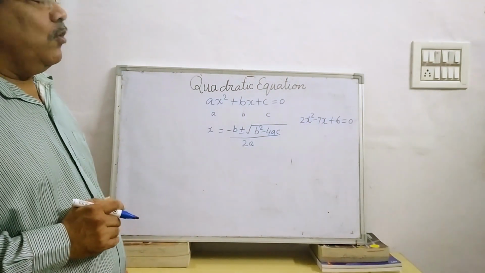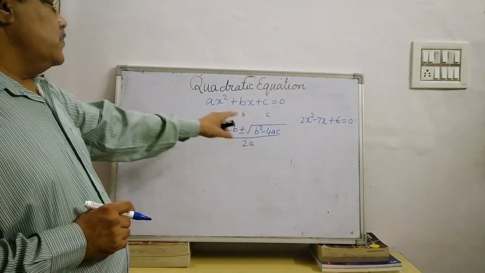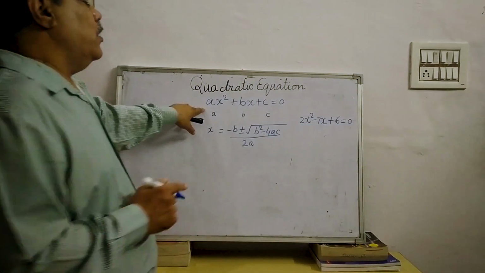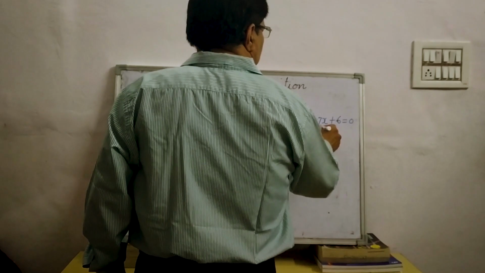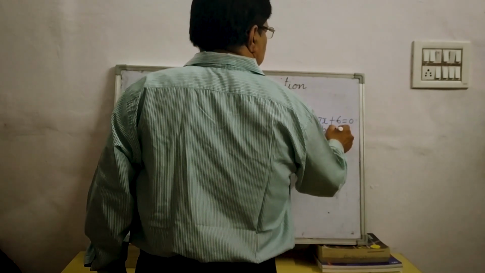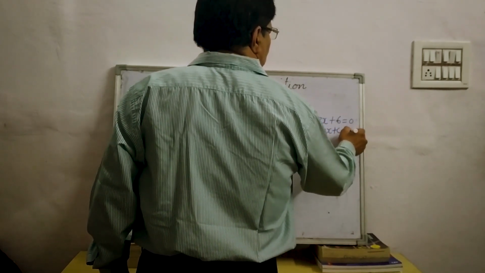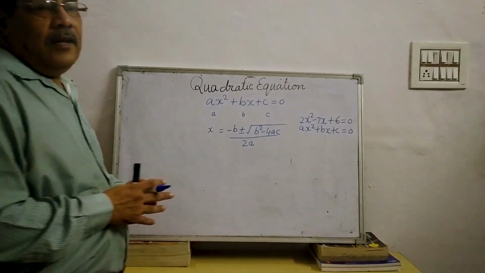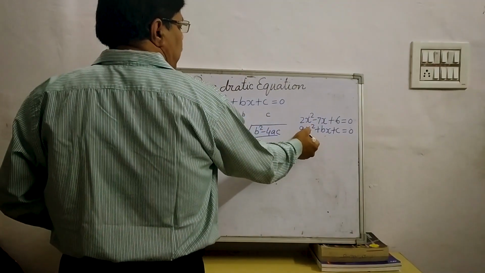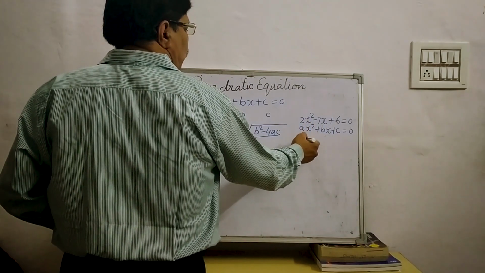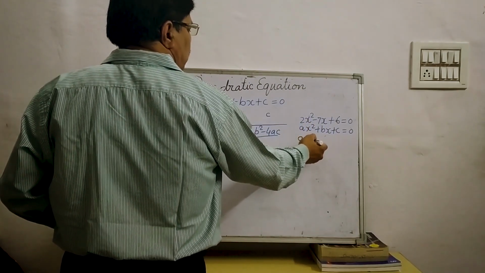First of all you will compare this with the standard quadratic equation ax² + bx + c = 0. Clear? Now compare it. Here it is x², and here is a, here 2. So what is the value of a? a is 2. Clear?